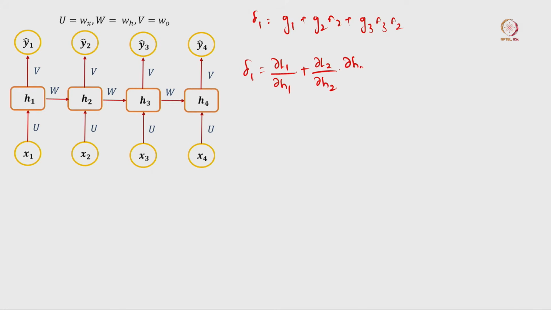A2 some time back I have written h1 plus what is g3? Derivative of L3 with h3, then we are writing it as a3 is h3 h2 and a2 as h2 h1.